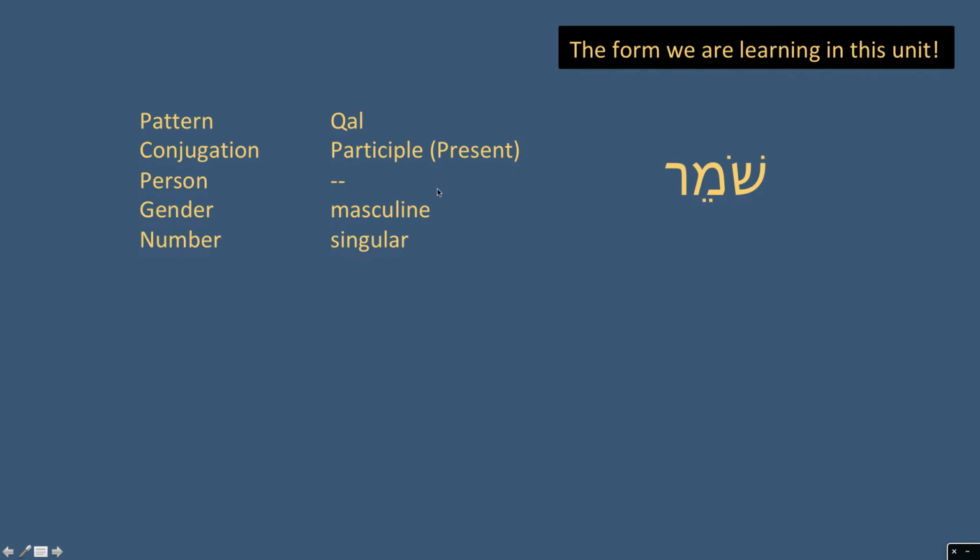We will learn that there is no person, so this will work with I, you, he, she, they. But there is masculine and feminine, and the forms are either singular or plural. So in our next screencast, we will dive into this particular form.